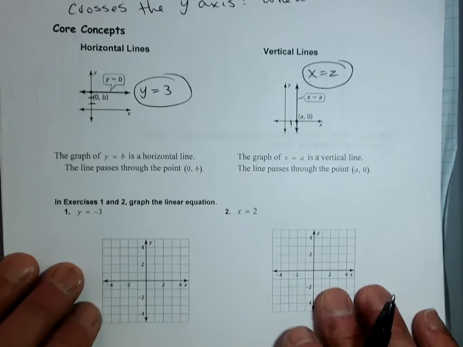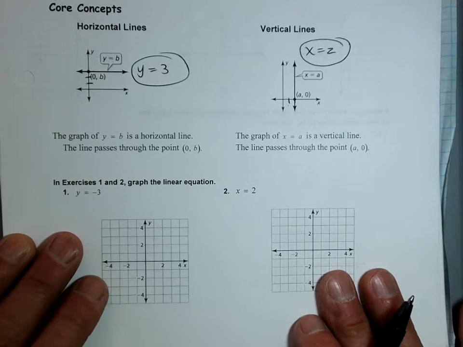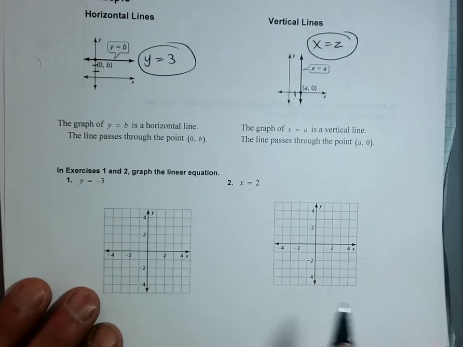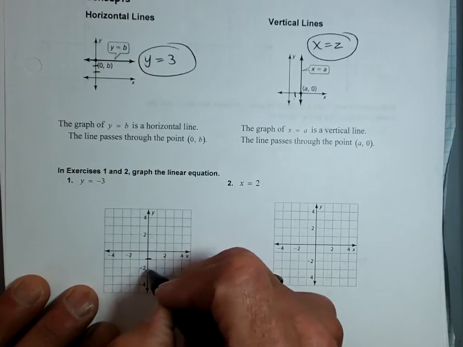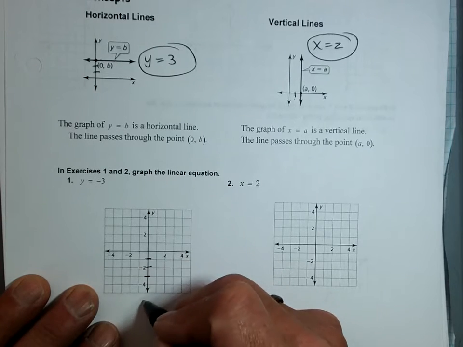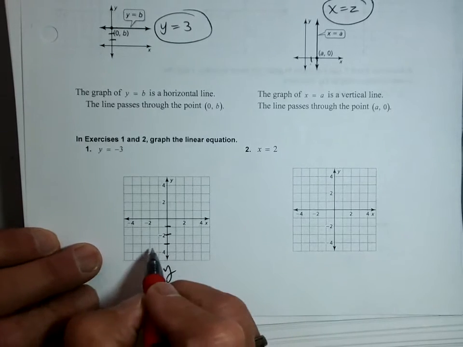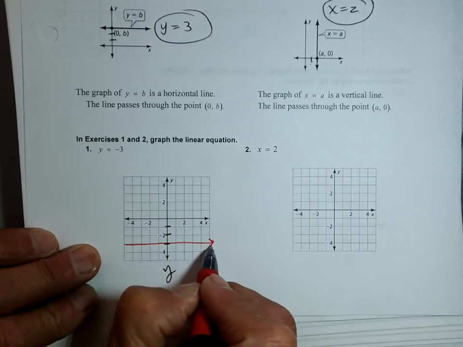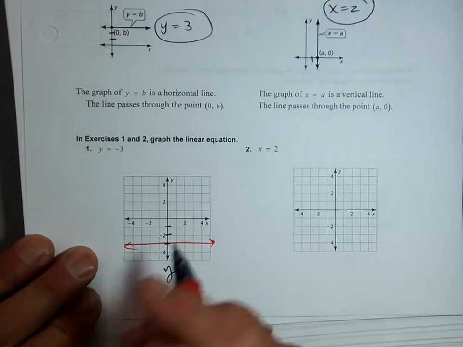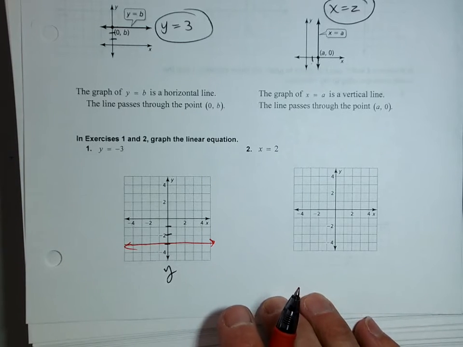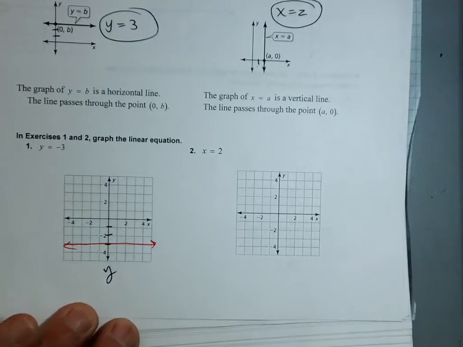Let's go down to example 1. Y equals -3. Easy. Let's go down to -1, -2, -3 on the y-axis, right? Y equals -3 is this line. Thumbs up? It's pretty easy, isn't it? Okay, number 2. X equals 2.